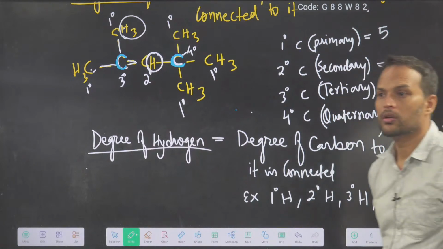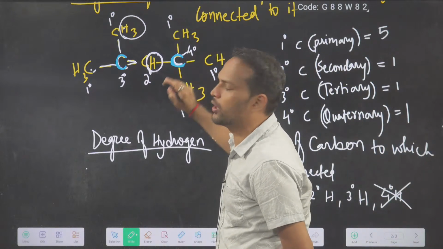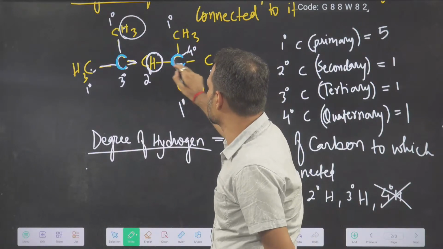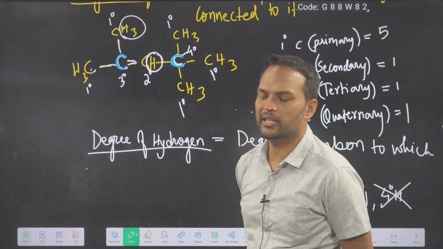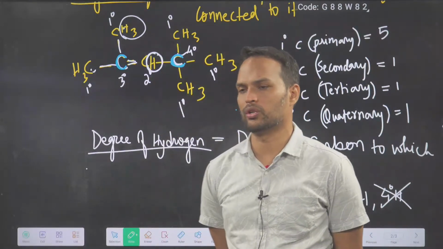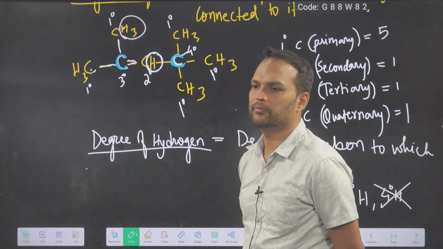No. 4 degree hydrogen means it should be connected to 4 degree carbon. 4 degree carbon means 4 bonds with carbon. There is no place for hydrogen. So there is no quaternary hydrogen. 1 degree, 2 degree, 3 degree only. Is it okay?